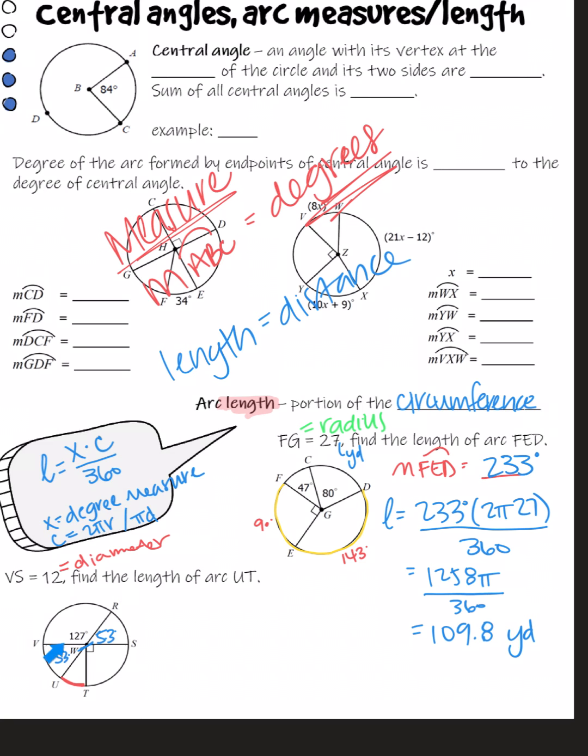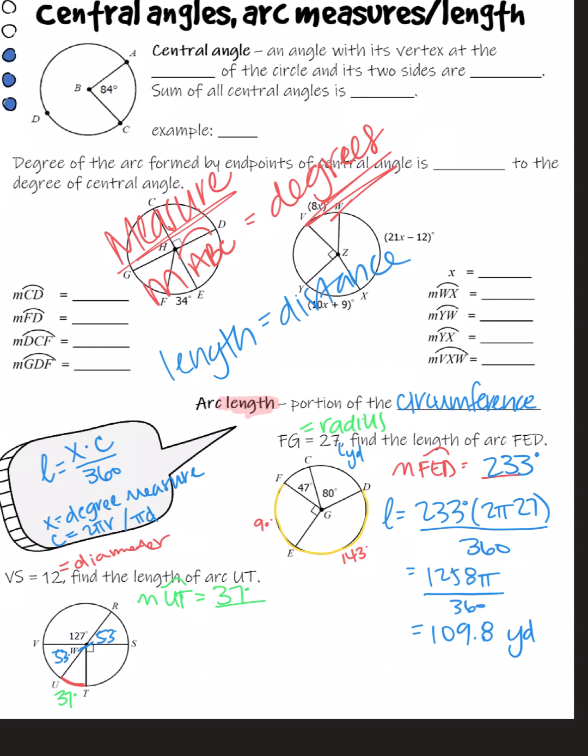This again is our semicircle, that's 180 degrees. This part is 90, this part is 53. So I take 180 minus 90 minus 53, and I get 37 degrees. So the measure of UT is 37 degrees.